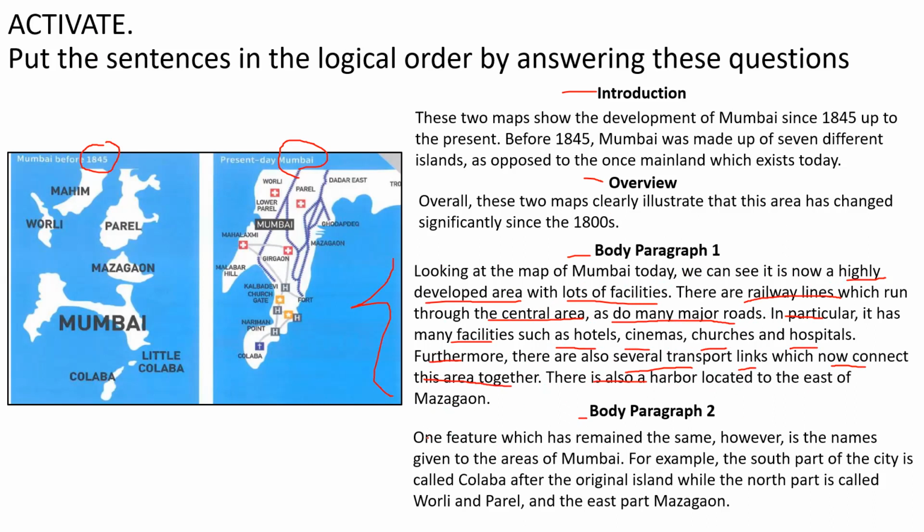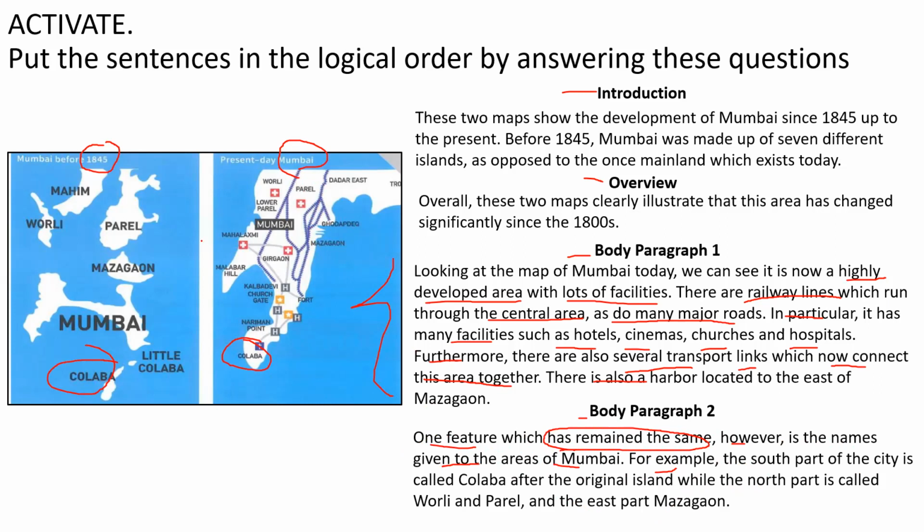For body paragraph two, one feature which has remained the same, however, is the names given to the areas of Mumbai. So, for example, the south part of the city is called Kolaba. This is Kolaba. All right. After the original island, while the north part is called Worli.